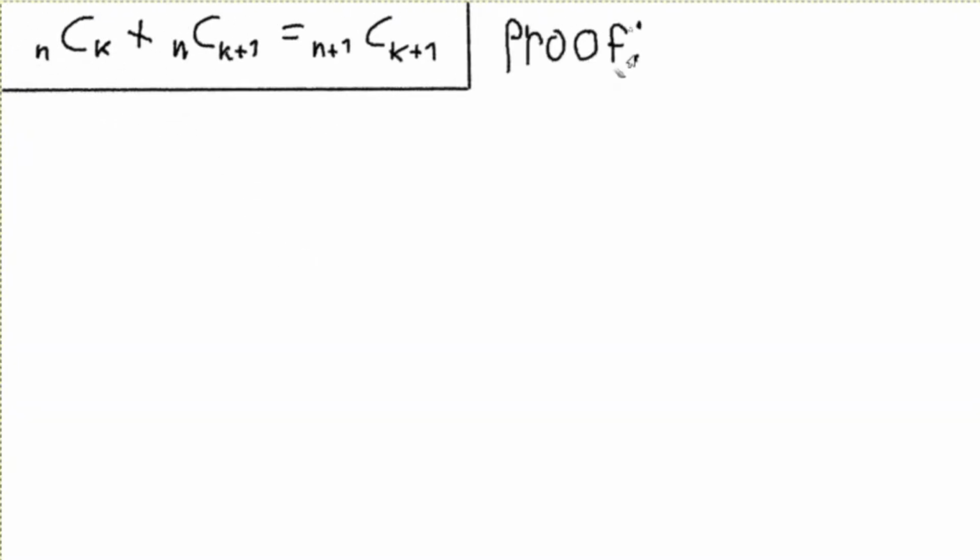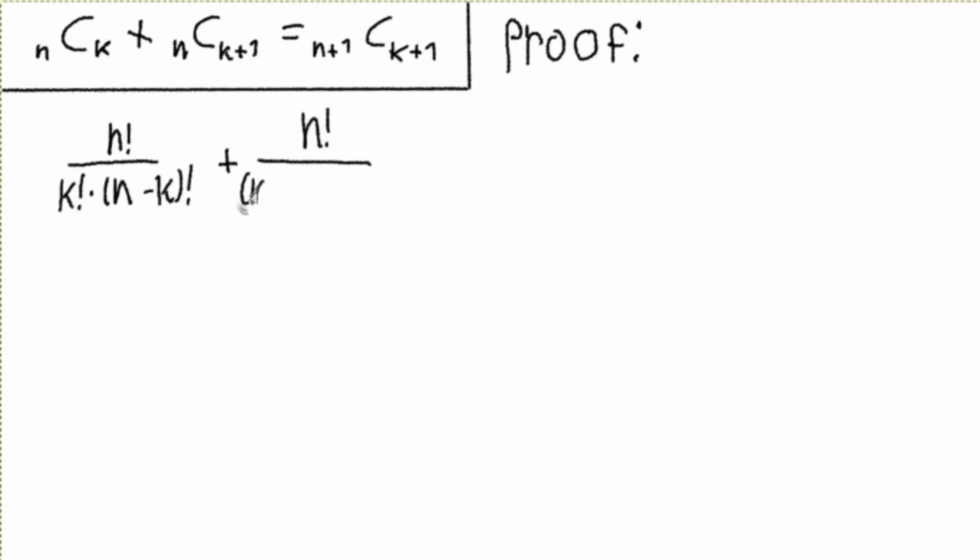To prove this, we can just use algebra, because what we have to prove is that n factorial over k factorial times n minus k factorial, this is the first term up here, plus again n factorial over k plus 1 factorial times n minus k plus 1, which is just n minus k minus 1 factorial.